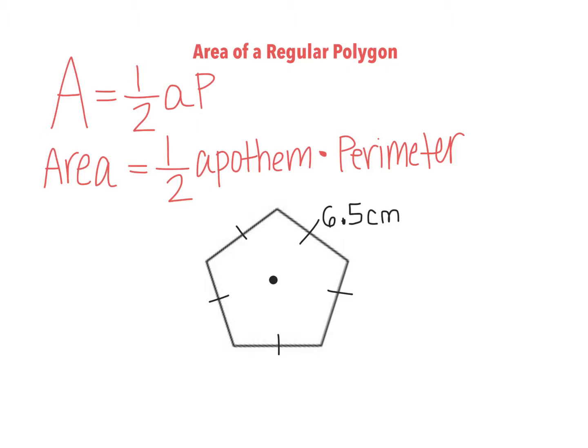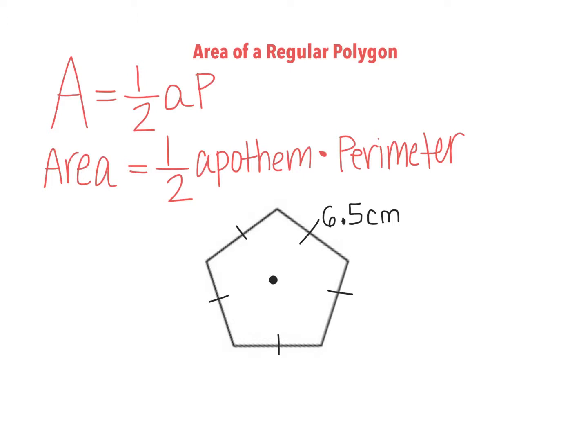So I'm going to give you this example right here with a pentagon and a side length of 6.5 centimeters. And the reason I chose to do that is because after I do this electronically, I'm going to show you with a video in a little bit more visual type of a representation so you can see where that's coming from.